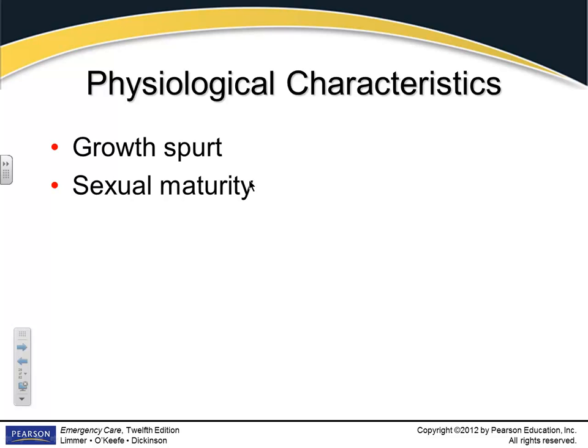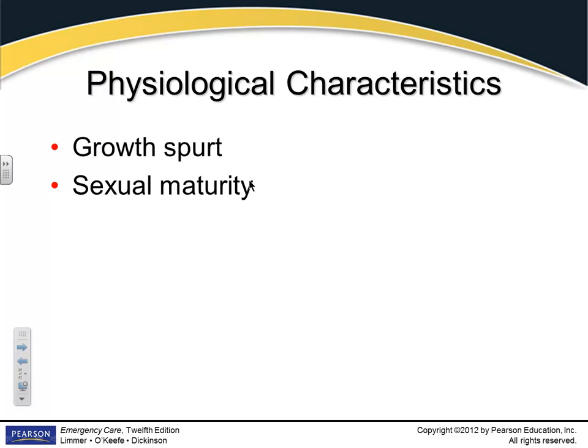I mean, that growth spurt can be a real tough time because you're getting bigger and you're dealing with a new body here, new parts of you are growing. So that's a tough thing to deal with. Then during this adolescent stage, they're going to reach sexual maturity, and in the school age, we can start to see the onset of puberty.